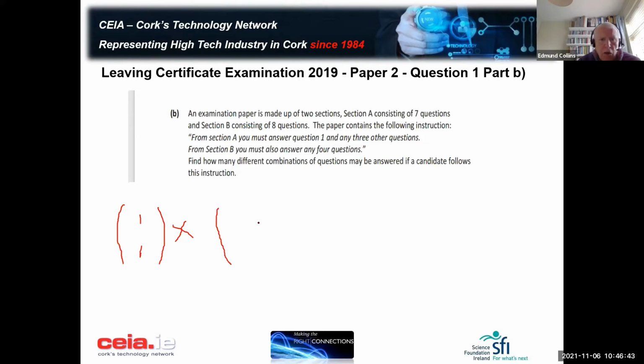The second nCr calculation here is, and why it's important to have done the first one here is that because Section A is 7 questions, and you must answer number 1, you're left then with 6 questions.